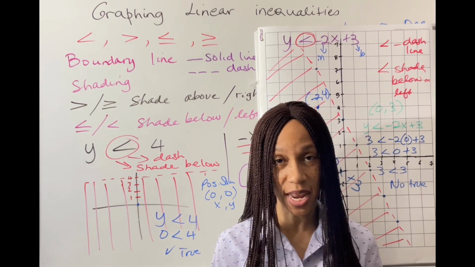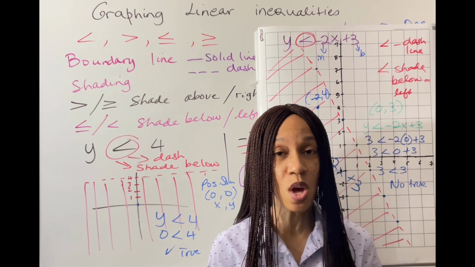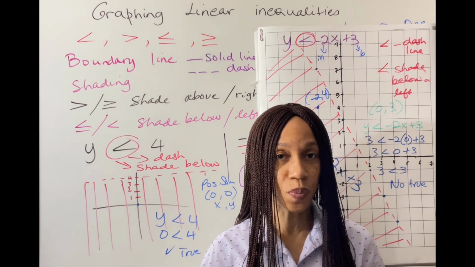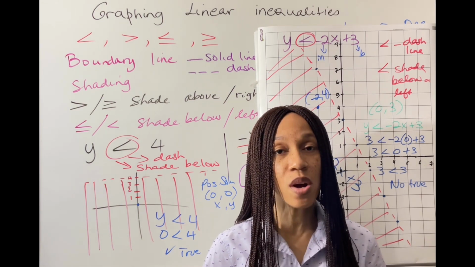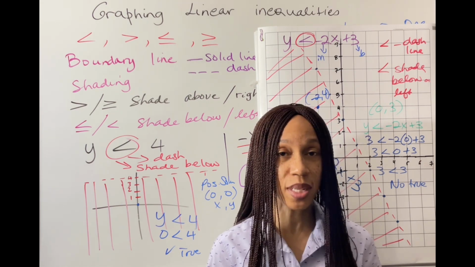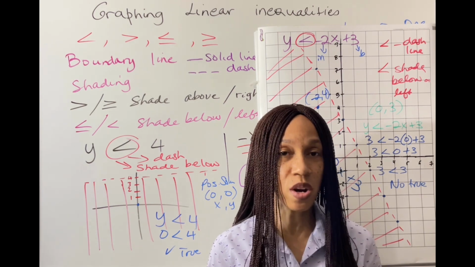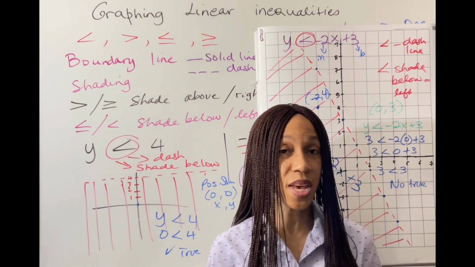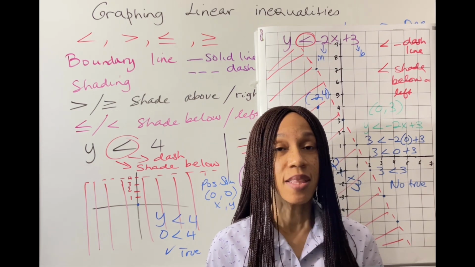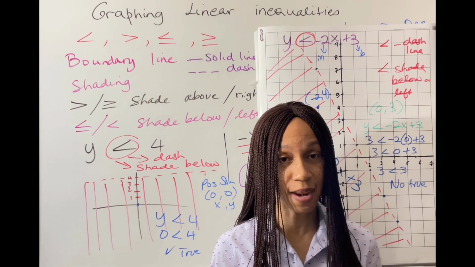In terms of shading, if the inequality symbol is less than or equal to, you are going to shade below. Or in other words, you are going to shade to the left of that line if it is a vertical line. But if it is a vertical line, then you have to shade to the left because it is less than.